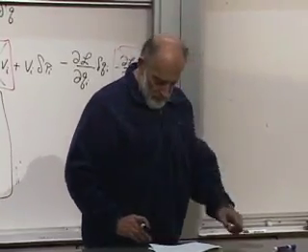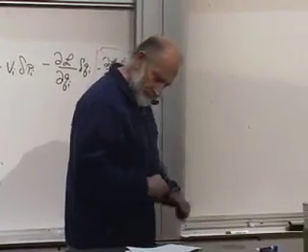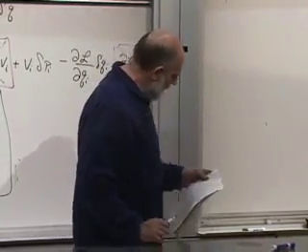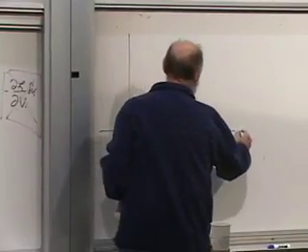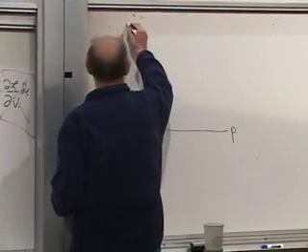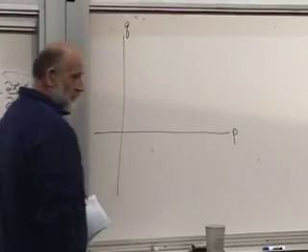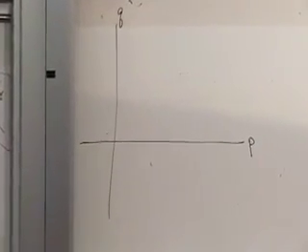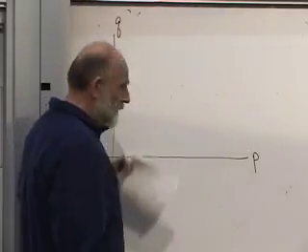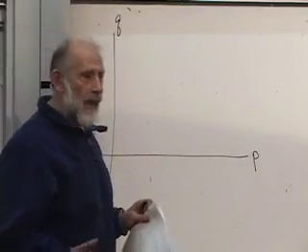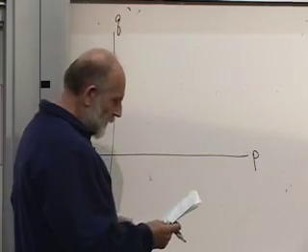Let's draw a picture to indicate what's going on. Here's general phase space, p and q. It's not just one variable, there are many variables. Some subset are called p's, half of them are called p's, half of them are called q's. I can't draw them all on the blackboard, so I'll draw just one p and one q.